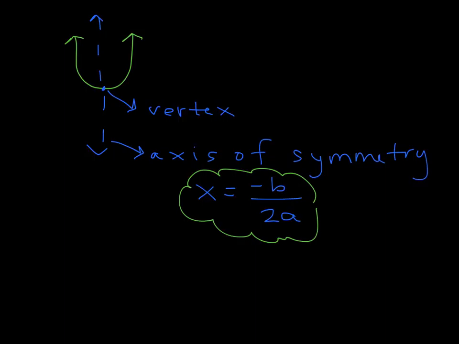This formula is on your EOC formula chart. You just have to know how to use it and when to use it. Okay? So let's go ahead and look at an example. When we started out, we looked at something like this. y equals x squared plus 8x plus 15.